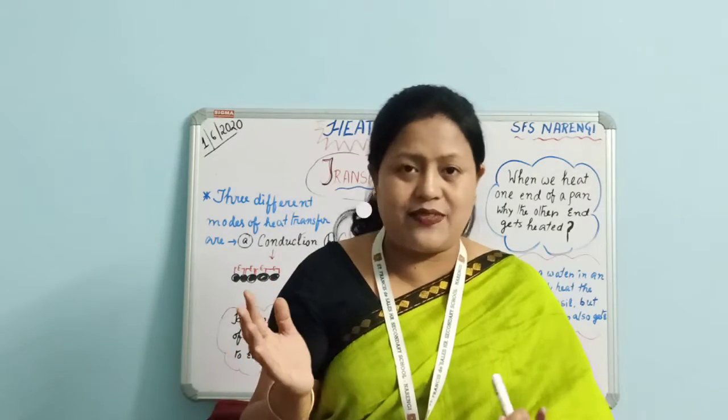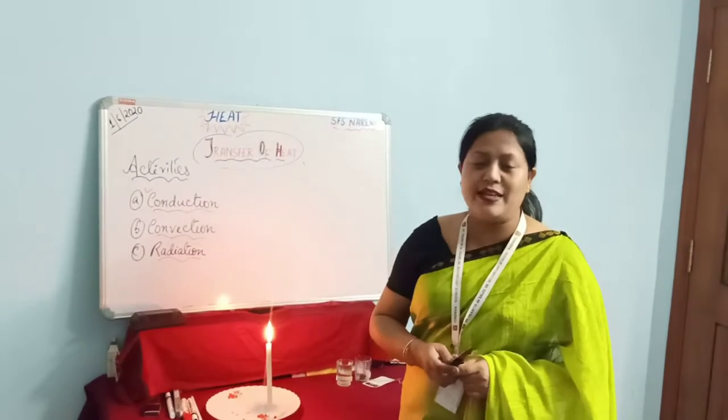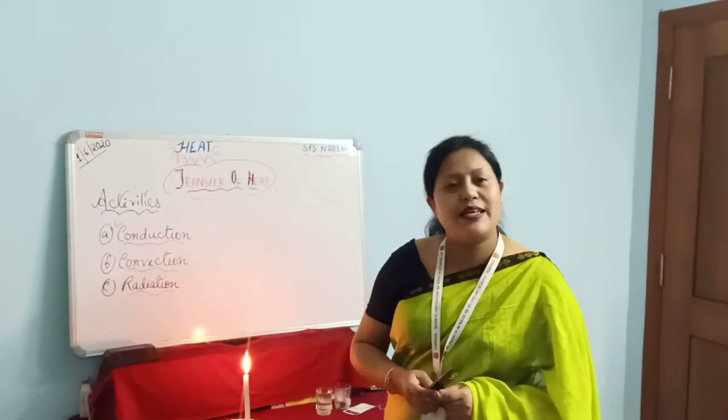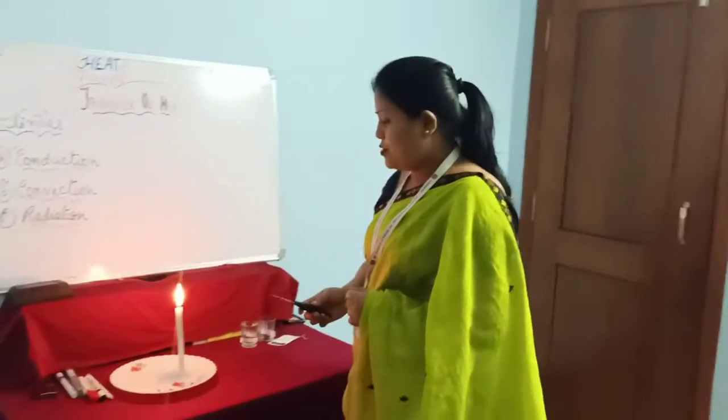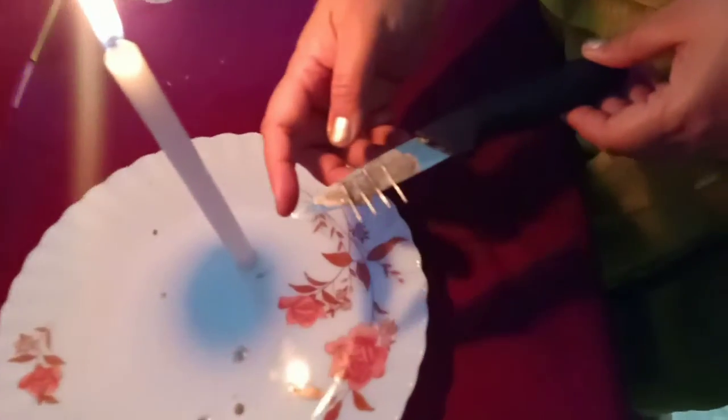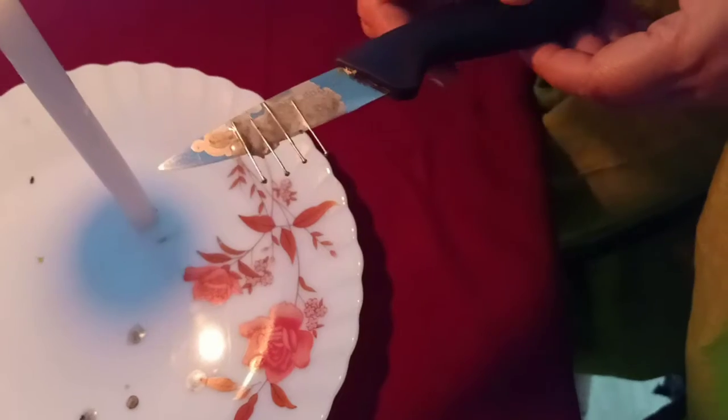Let's look at the activity. So now students, let's do the activity. First we will start with conduction. For this activity I have taken one knife and these four pins which are fixed with wax.